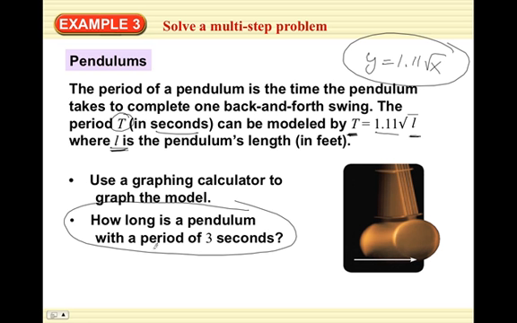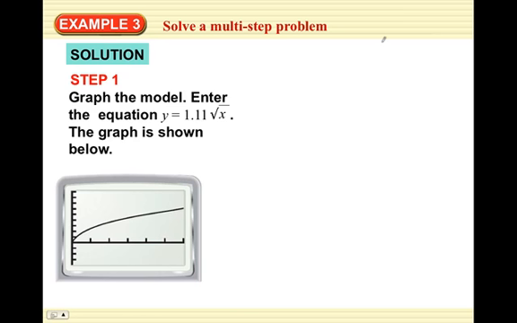So what are they giving you? Period, 3 seconds. That is the t or the y. So they're telling you this is 3. Okay? So you don't want to use your table for this. You won't get exactly 3 for y in your table, so what they tell you to use is the trace button. Okay, so let's go to the solution over here. So this is what you would see.